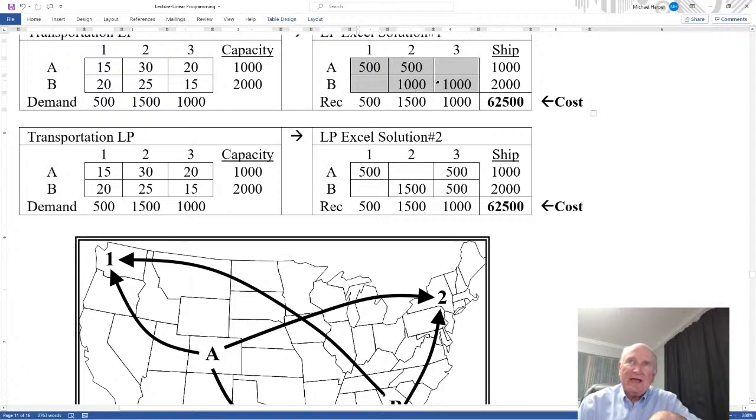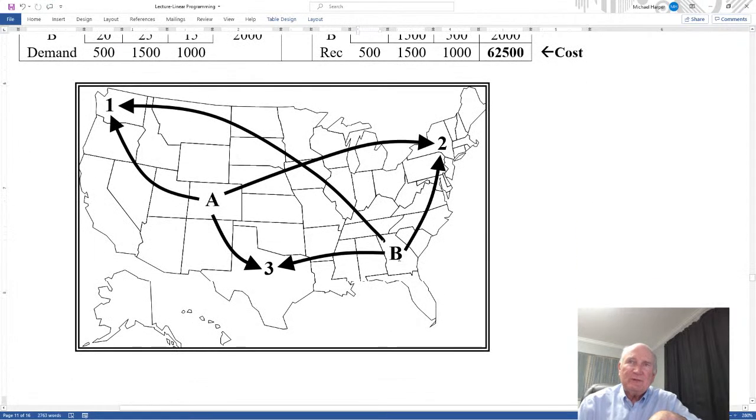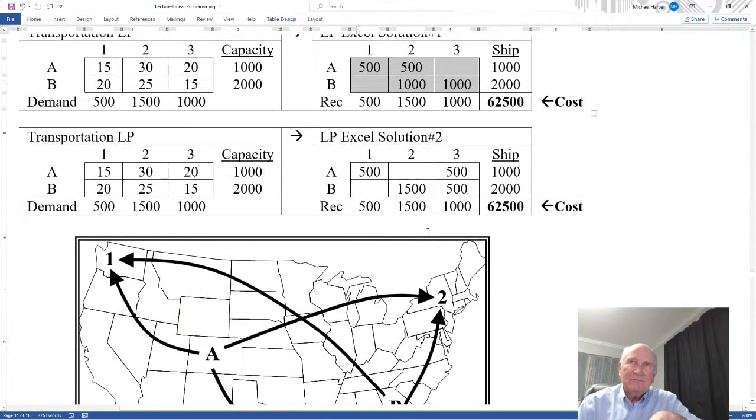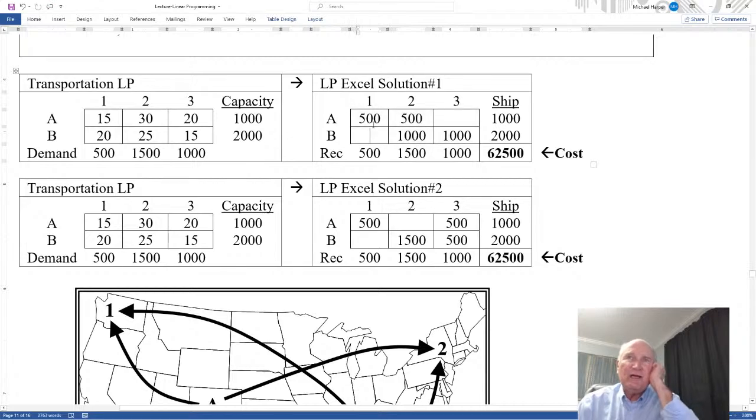B is shipping 1,000 to 2 and 3, so B is shipping 1,000 to Albany and 1,000 to Dallas. And if you multiply these amounts times the unit shipping costs, the total cost is $62,500.